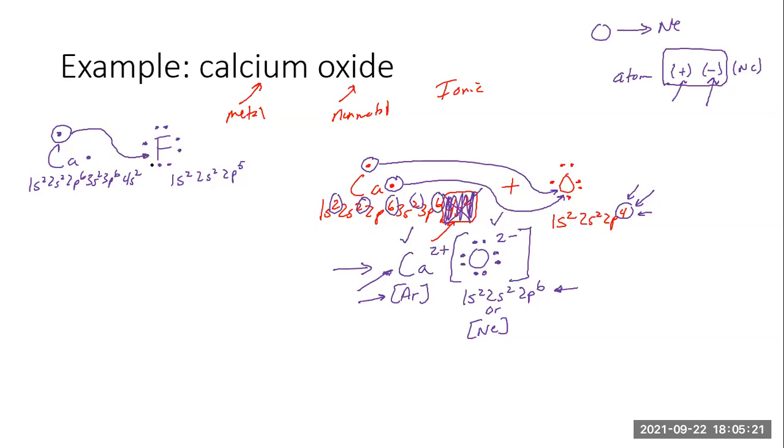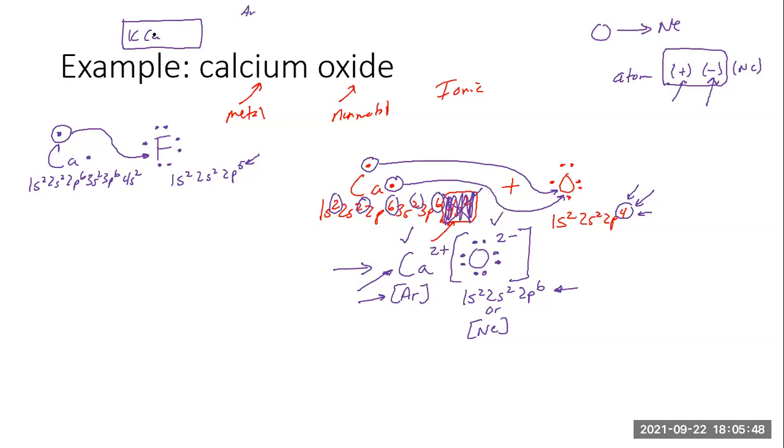Now, we created sort of a problem because, as was mentioned earlier, the magic number for bonding is 8, which means that this particular fluorine is now going to be filled. That is a problem for calcium because if you look at calcium on the periodic table, there's potassium and then calcium, and then we have argon back over here, right?